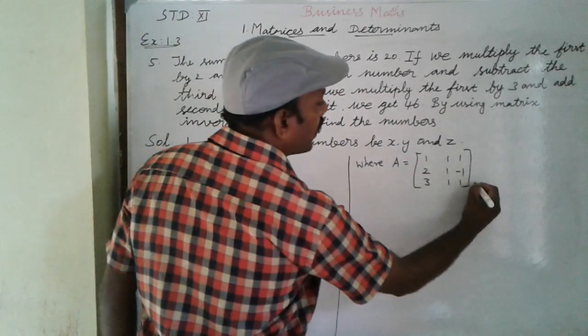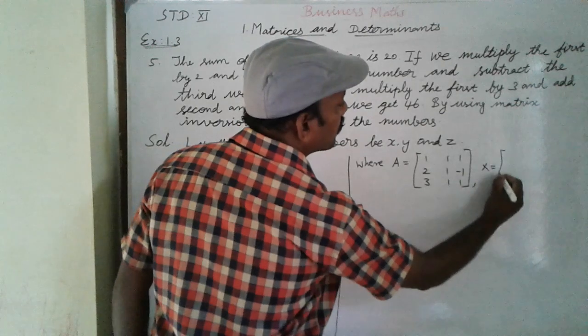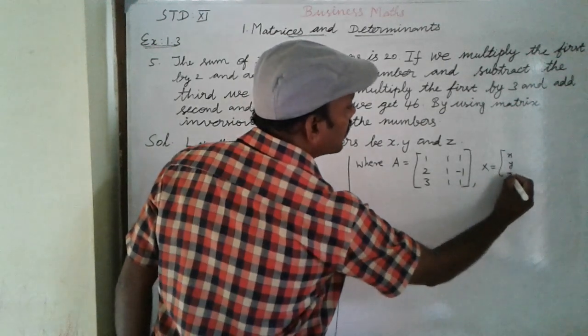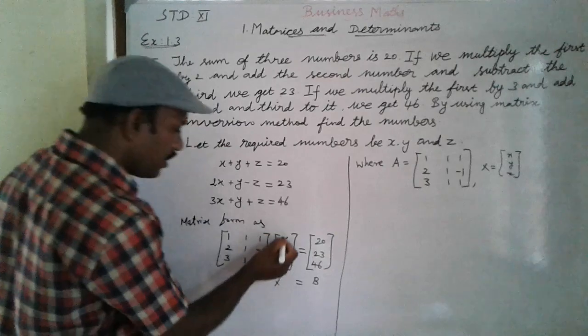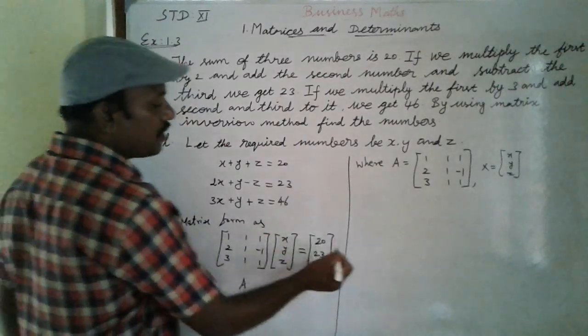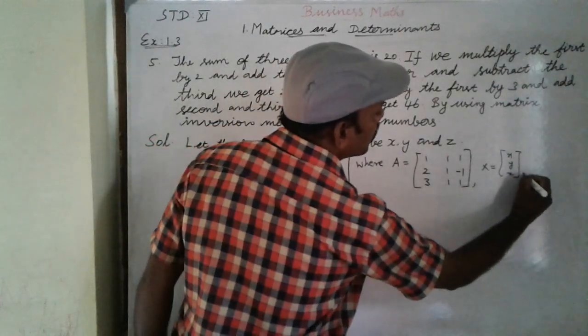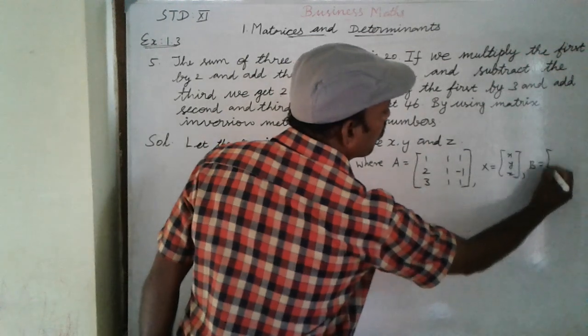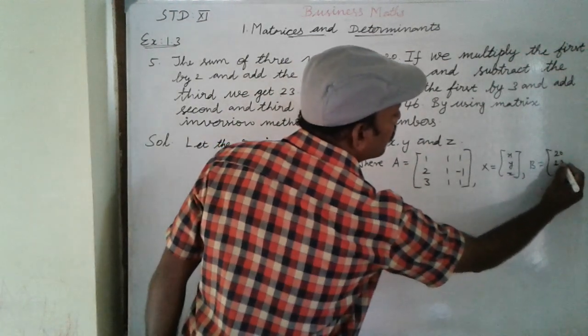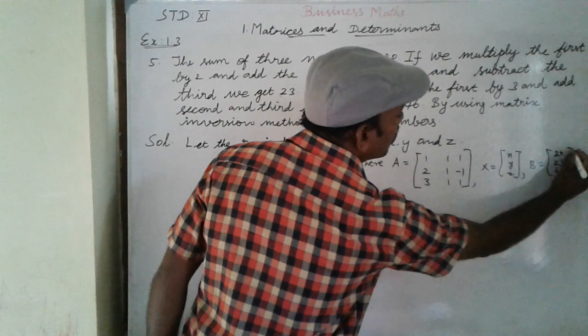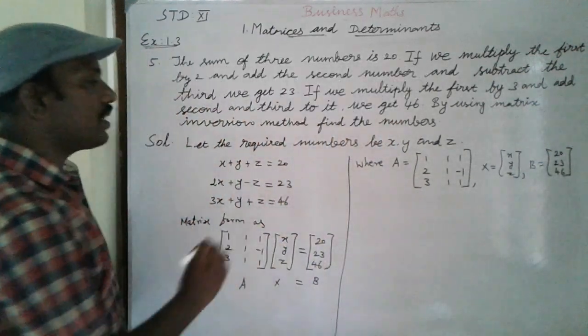X is x, y, z. B is 20, 23, 46. This is the B matrix.